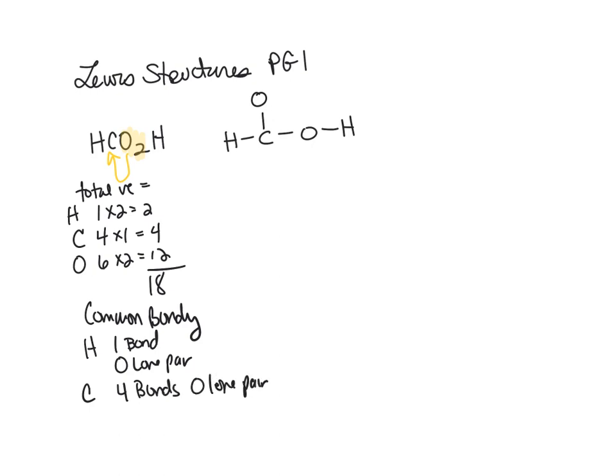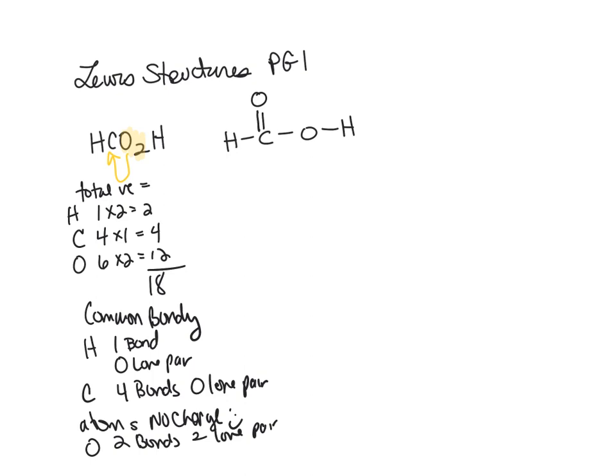These are the atoms that have no charge, so we can call them our happy atoms. Carbon needs 4 bonds, so we'll put a double bond there. And what does oxygen like? Oxygen likes 2 bonds and 2 lone pairs.